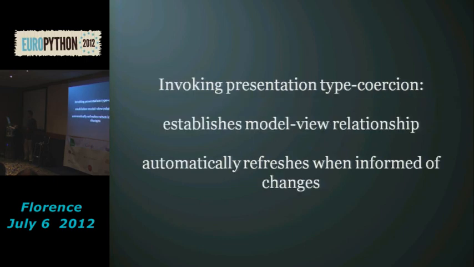When you invoke the presentation by type coercion process, for example, when I had that row A person B example, when that person object was coerced into a visual representation, a model view relationship like an MVC was automatically established, and it will automatically refresh the presentation of that person when Larch is notified of a state change.